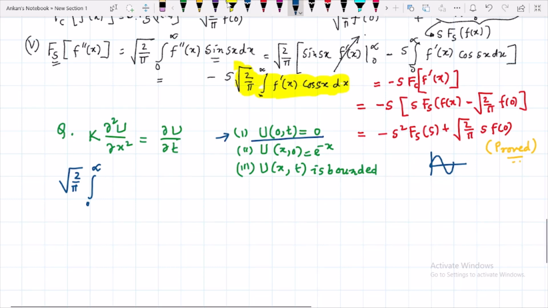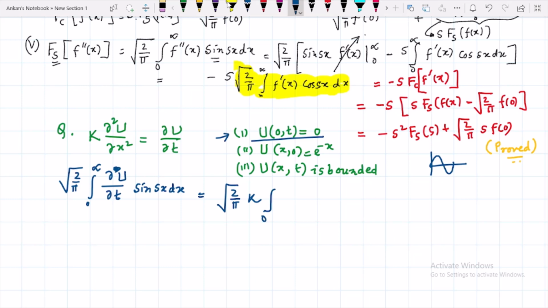U is capital, so ∂²U/∂t², sorry, why am I writing that, ∂u/∂t sine sx dx is equal to root 2 by pi integral 0 to infinity of k ∂²u/∂x² sine sx dx.